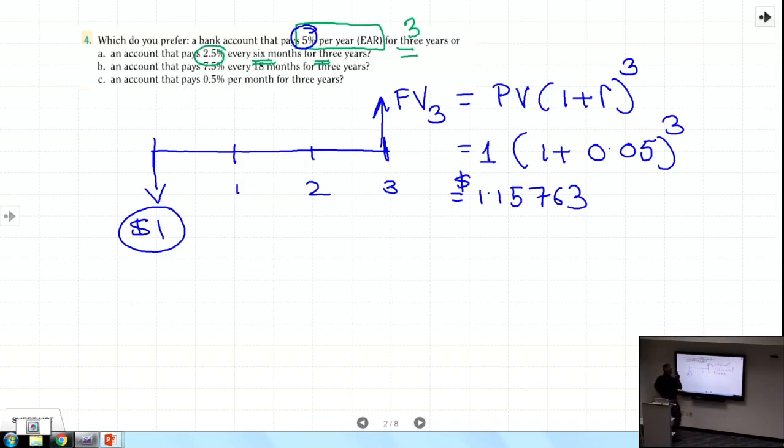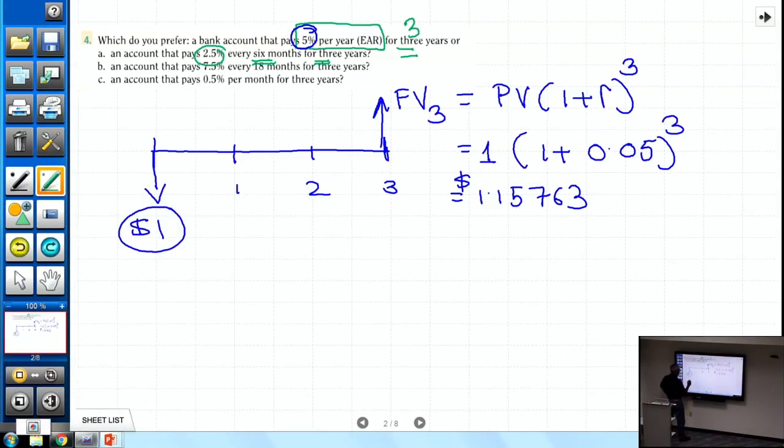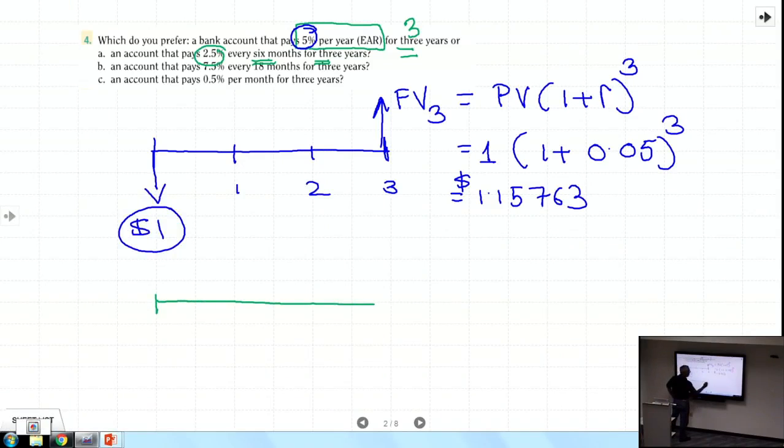The alternative: same 3-year time period, but payments are being made every 6 months. Interest is being compounded every 6 months, and that interest rate is 2.5%.